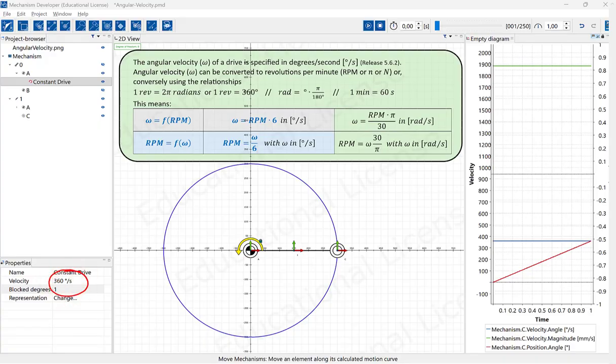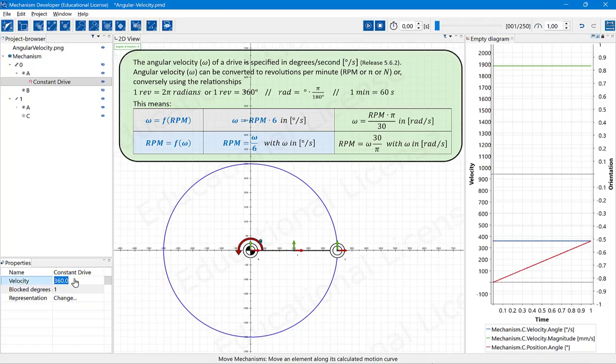Now maybe the question: if we change this here, it will not be 360 degrees per second, so maybe we want to have double the speed, 720 degrees per second. I write here 720 degrees per second, and what happens?